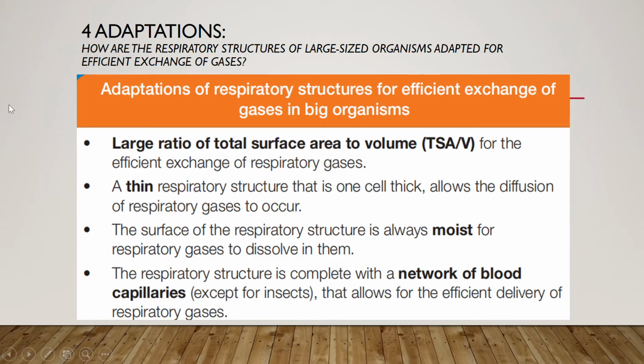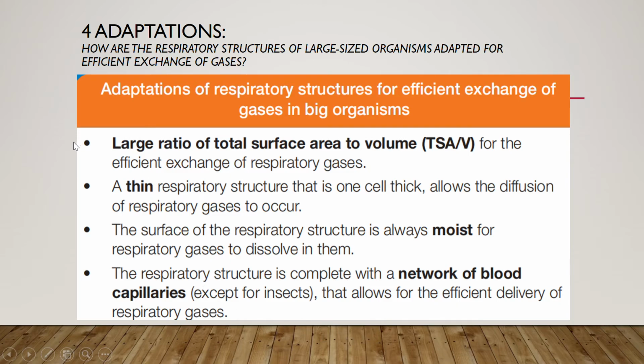Now there are 4 adaptations for large size organisms in order for them to have efficient exchange of gases between the organism and the surrounding. These 4 adaptations are the 4 main points that you need to remember because we'll be discussing them throughout the lesson.